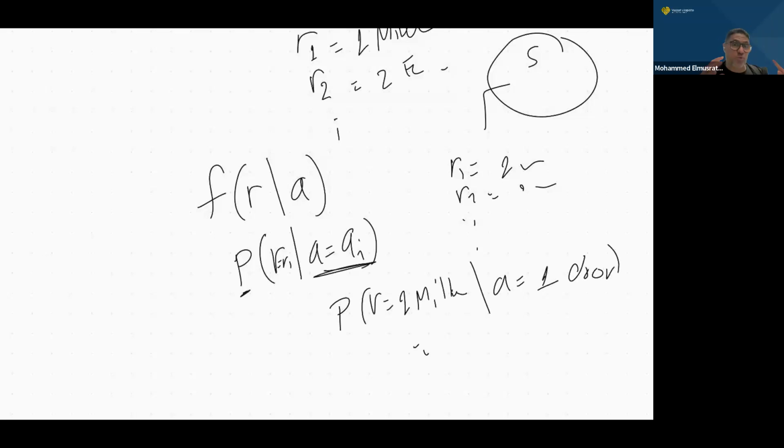Okay, so now we start to look at the problem from this angle. I know that some students don't like that every time we bring this conditional probability and Bayesian function into everything.